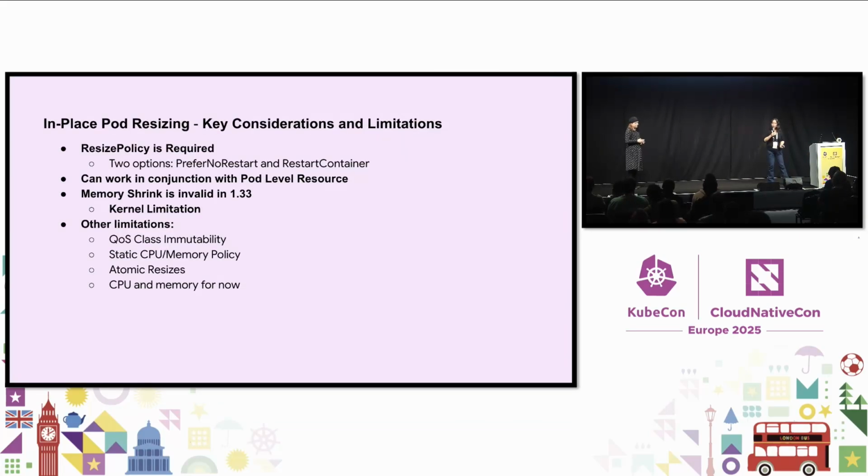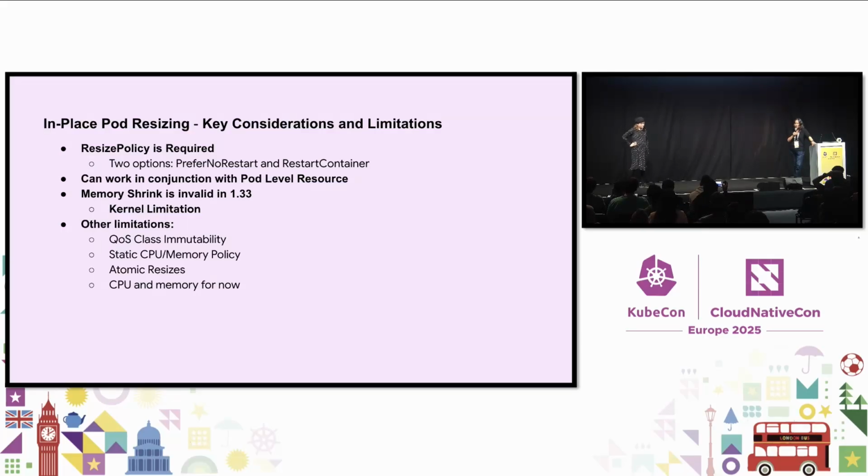It's not that every application can easily change its resources. Not just shrinking, even enlarging the resource request, for example with a Java application when you want to readjust the heap size, may require a restart of the application.